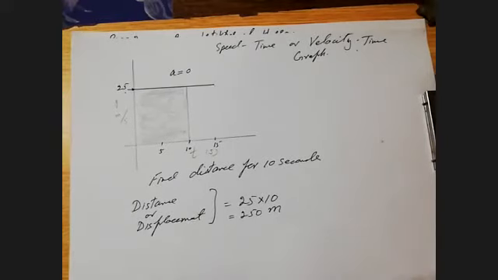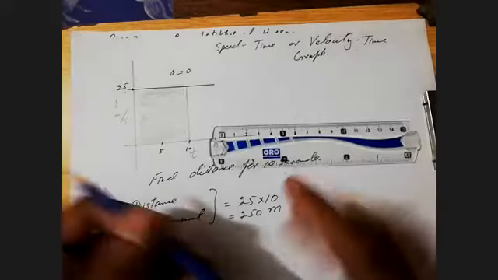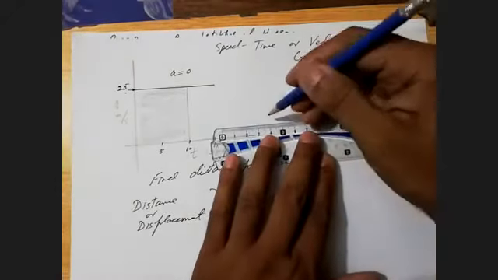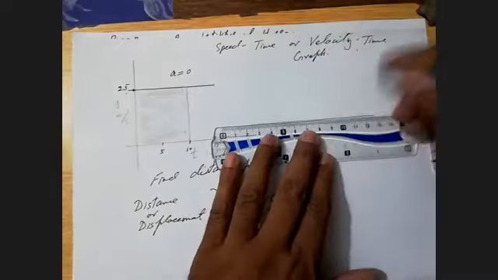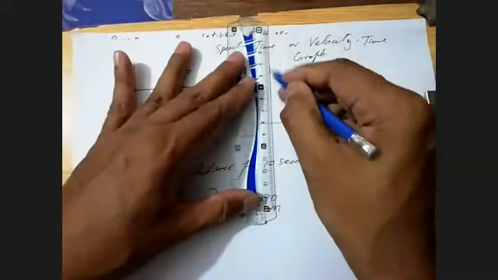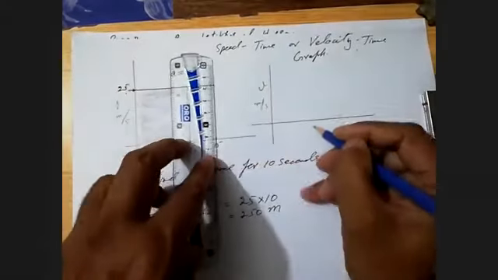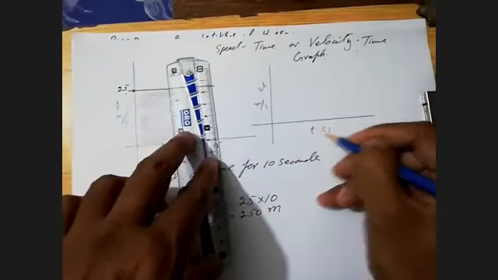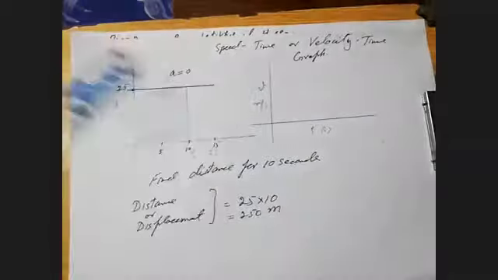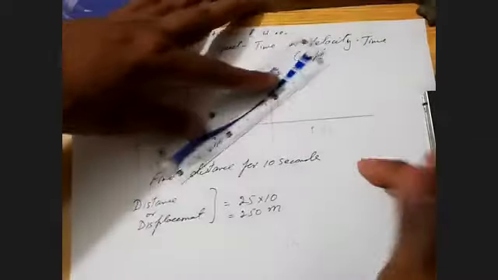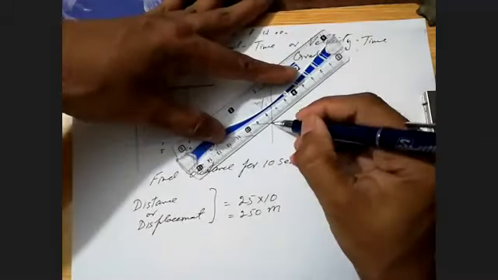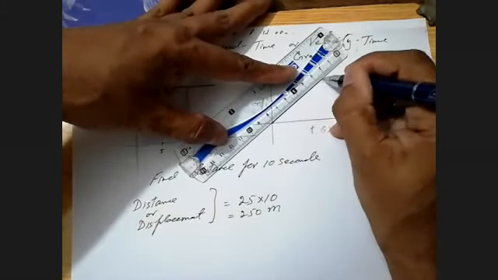Now let us have another example. I am going to draw another graph for the sake of convenience, for your better understanding. Here, velocity in meters per second and the time in seconds. Here I am going to draw a line like this. First of all, the body is accelerating.